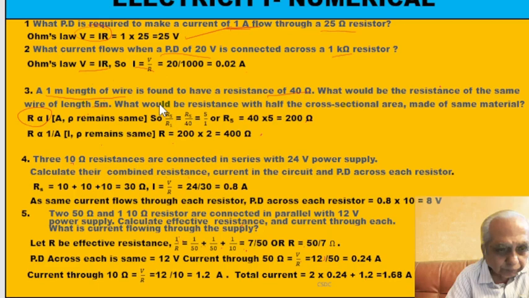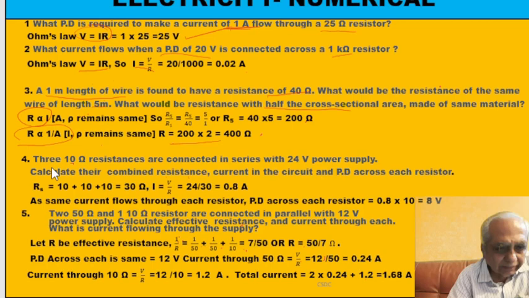Next, now gradually the difficulty of the sums will increase. Three 10 ohm resistances are connected in series. This data is given in words, so sometimes you miss it. When connected in series, R is equal to R1 plus R2 plus R3, all are 10. So 10 plus 10 plus 10 will give 30 ohm.